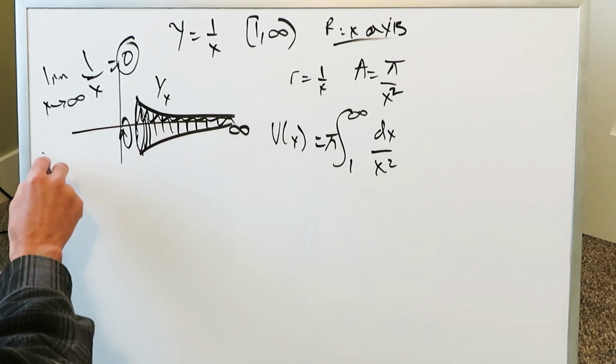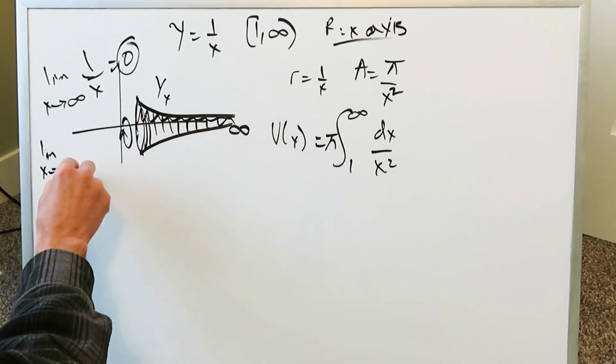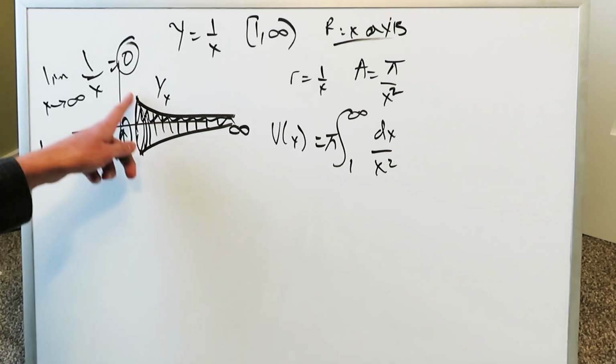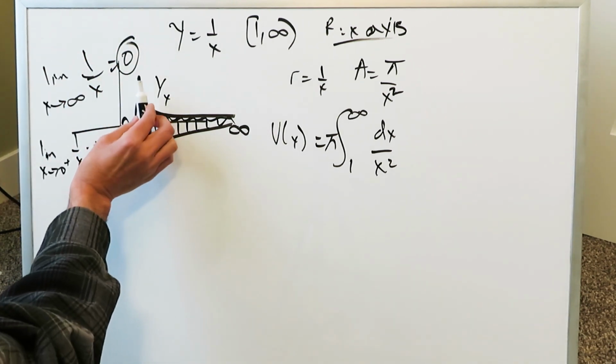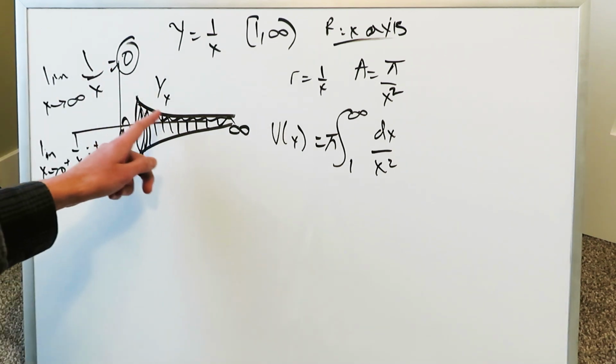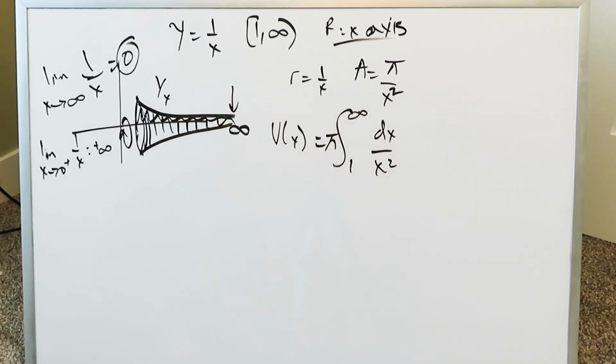However, if you're doing the limit for the same type of function as x approaches 0 from the right, 1 over x, now you know you're going to increase towards positive infinity, because as you're coming close to your vertical asymptote, your function is exceeding out of bounds. But here you're approaching a horizontal asymptote, so the limit over here at infinity does exist. Therefore, prudently and logically, the volume should exist as well.